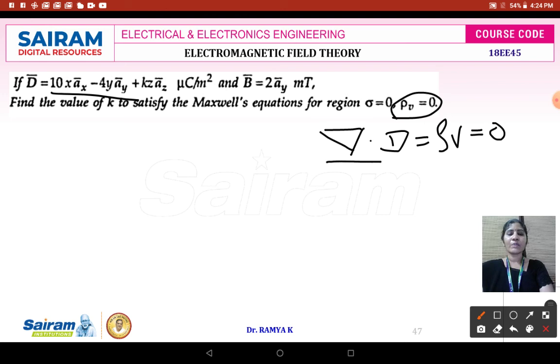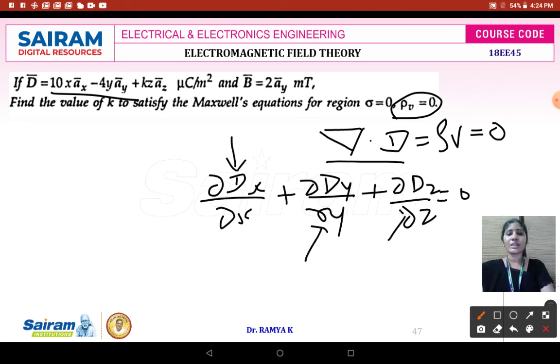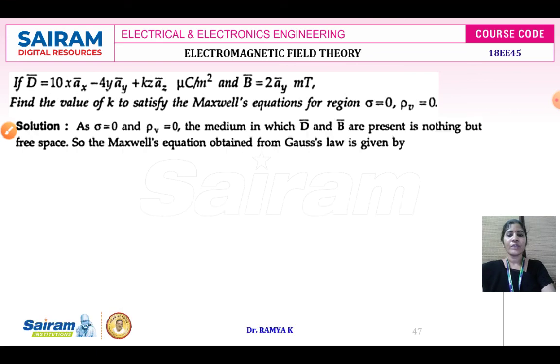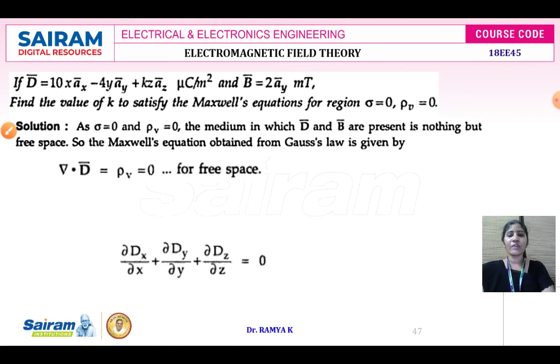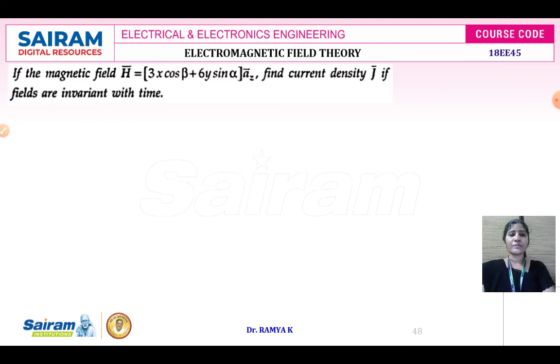When you expand divergence dot D in Cartesian coordinates, we will get dou Dx by dou x plus dou Dy by dou y plus dou Dz by dou z. So differentiating the value of D with respect to x, y and z, substituting it over here, we'll get the answer K as K is equal to minus 6 microcoulomb per meter.